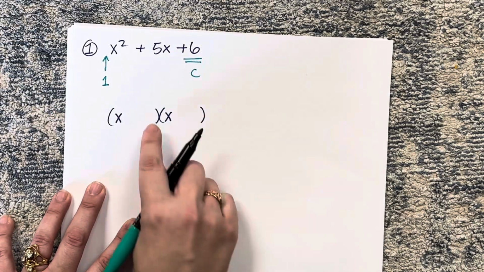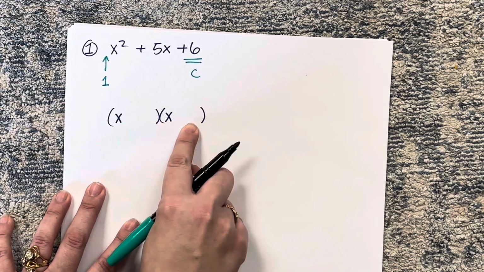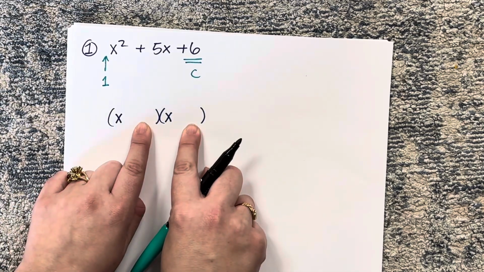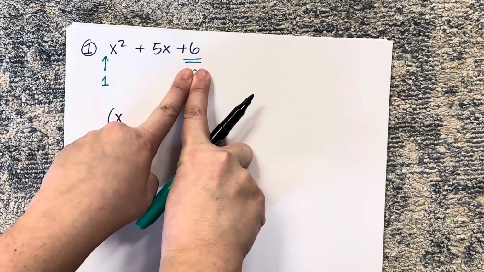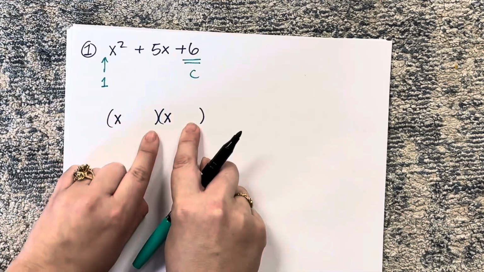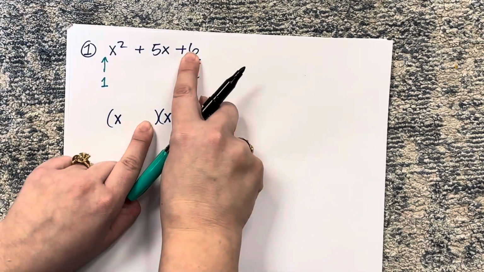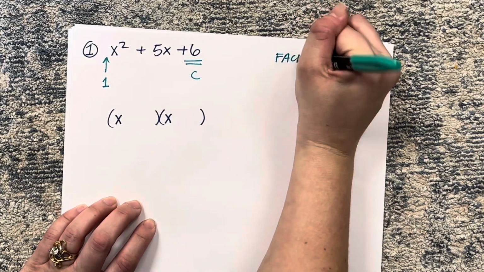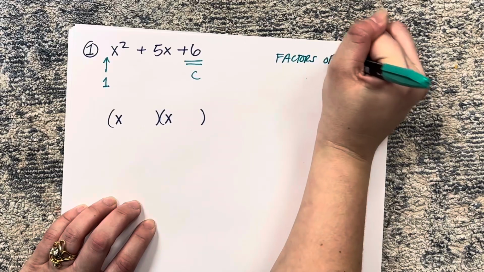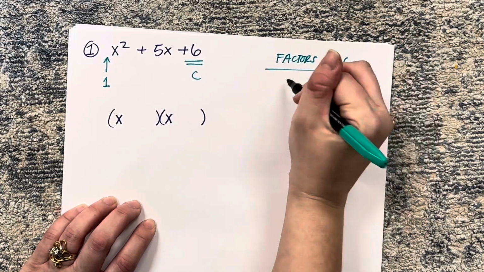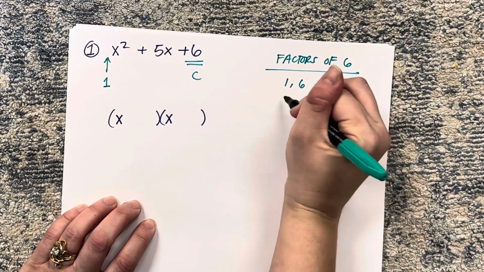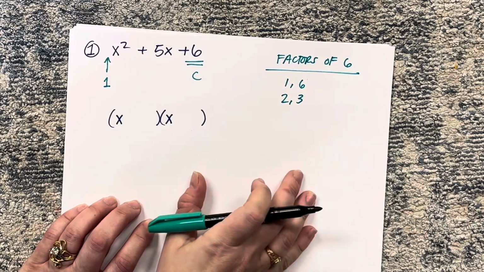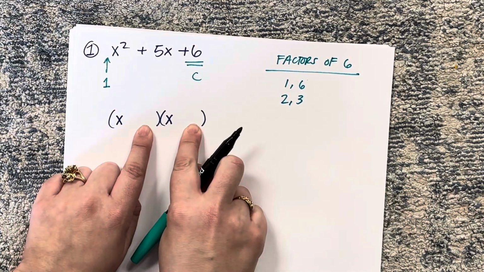My goal is that these two numbers, whatever they break down to be, have to multiply together to be your constant. So I need to find factors of whatever my constant is to fit in here. So I'm going to look for factors of 6. I could have 1 and 6, or I could have 2 and 3, and they would fit in here.